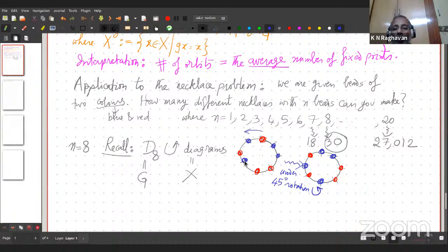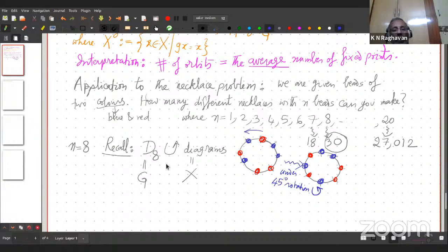The red will go here, the blue will come here. These two also will get interchanged. This will become red and this will become red and this will become blue. These two will get interchanged, but it won't make a difference because both are already blue, and this red stays red and this red stays red.